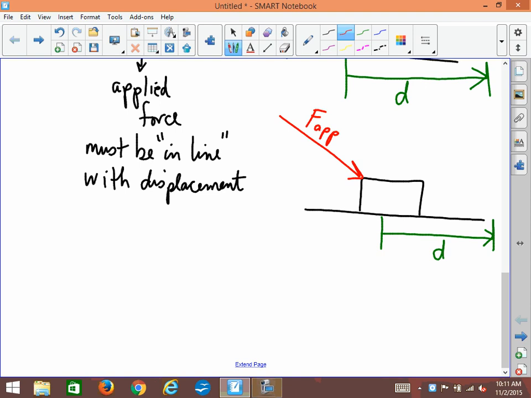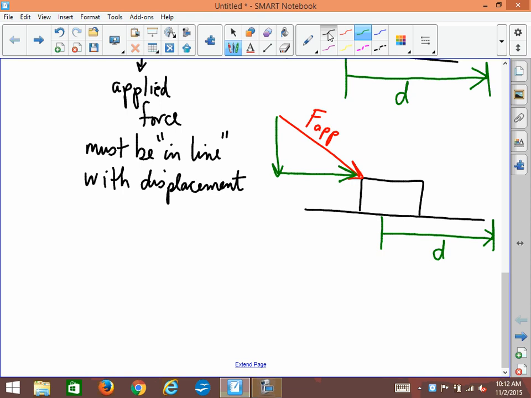So you cannot just calculate this red force times this green displacement as it is. What you need to do is find out how much of that force is in line with the displacement. To do that, you would need to know how much of this force is straight down and how much of it is going over here, so the two green arrows there are lined up. See?